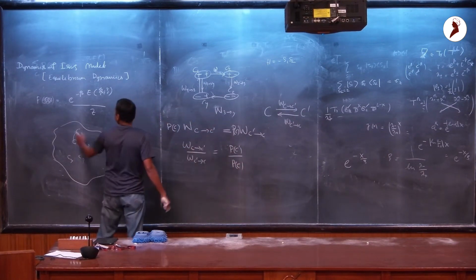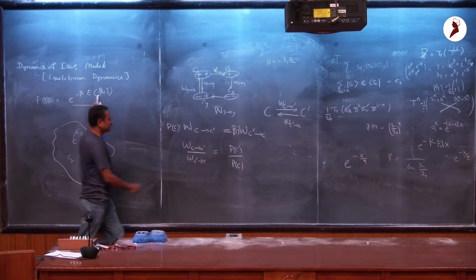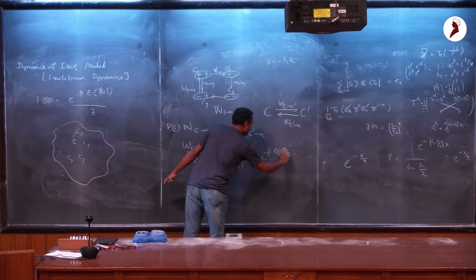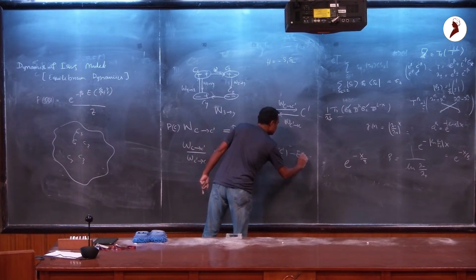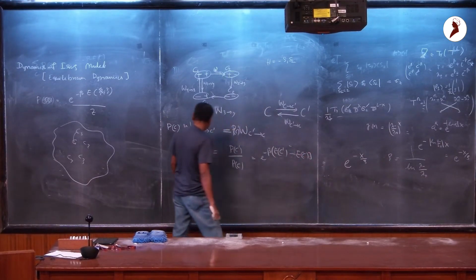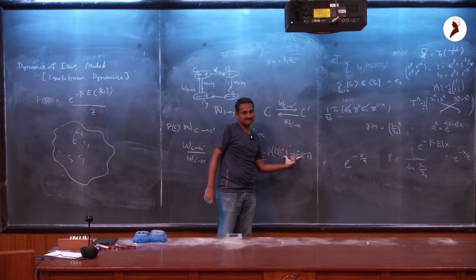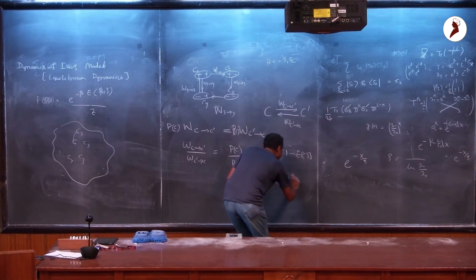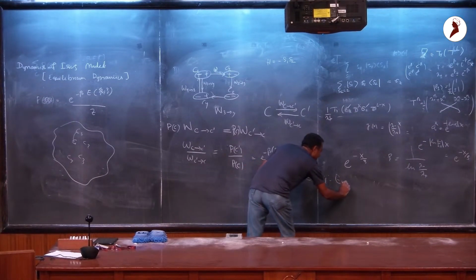But P of C that you want in equilibrium, in the steady state, is e to the power minus beta E of C. So this will be e to the power minus beta E of C prime over e to the power minus beta E of C. So the ratio of rates should be e to the power minus beta delta E, the change in energy, where delta E is E of target minus E now.